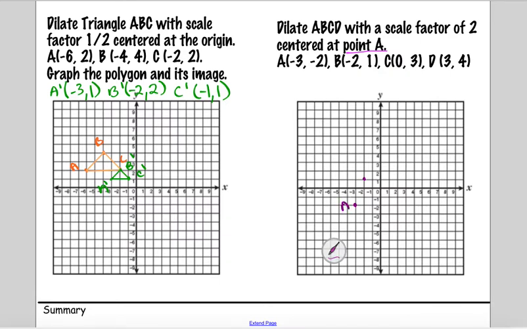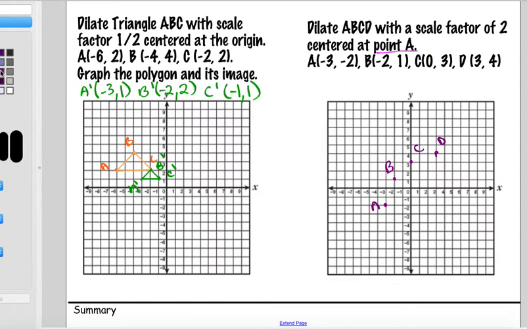So there's A, here's B. C is at 0,3. Boy, this is going to look weird. D is at 3,4. Okay, so I think it's just a really strange, squished sort of trapezoid picture.